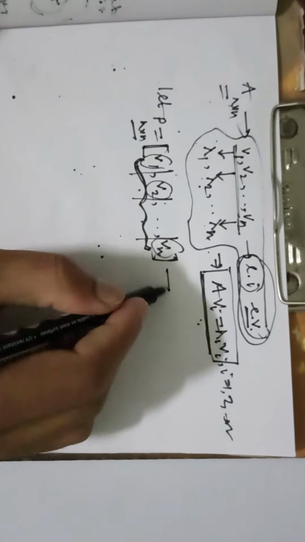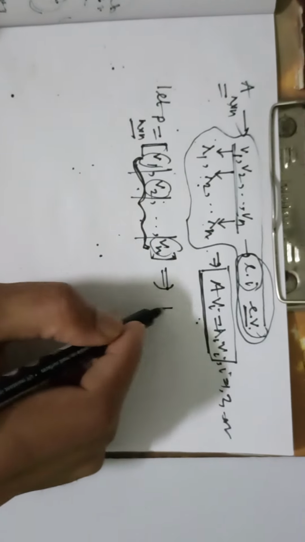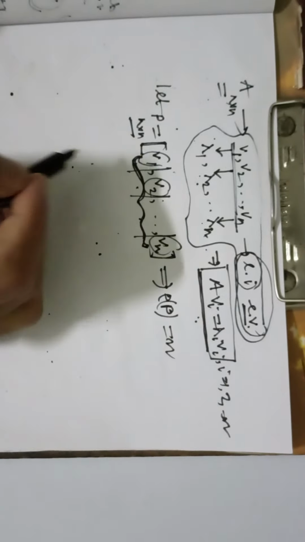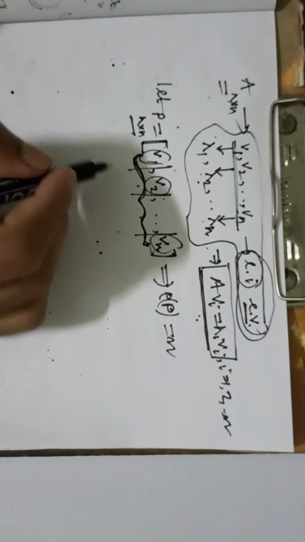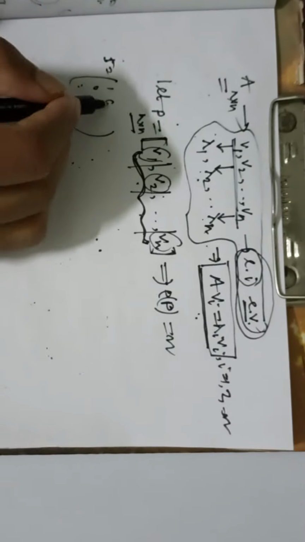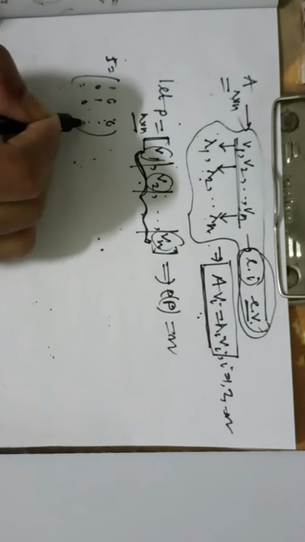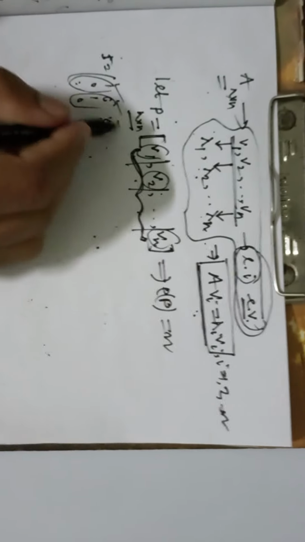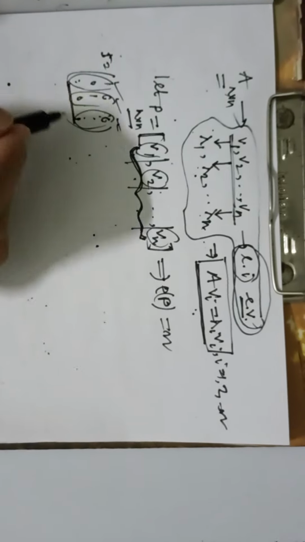So the rank of P will be n. You can think of it like the identity matrix, 1 0 0, 0 1 0: all columns are linearly independent, so its rank will be n.